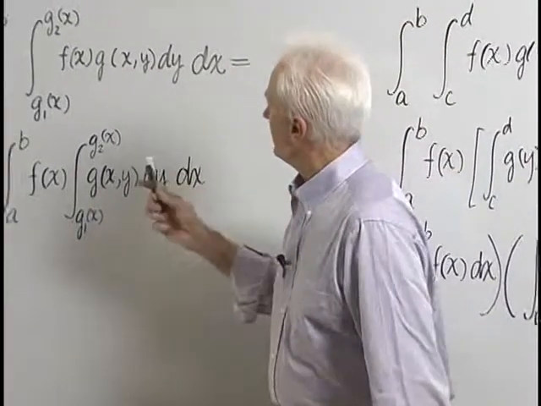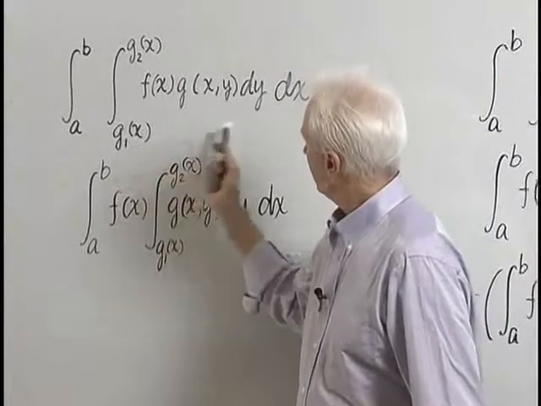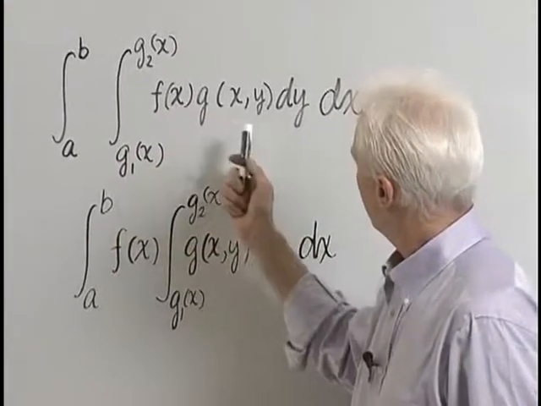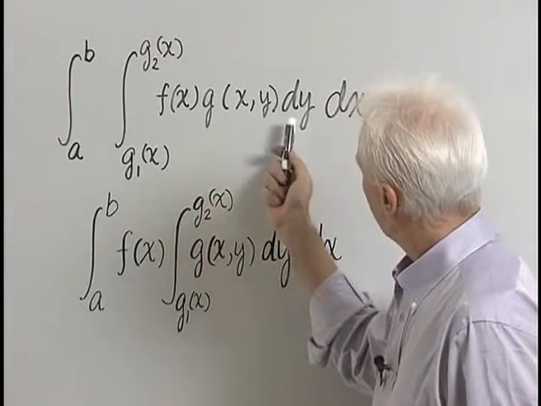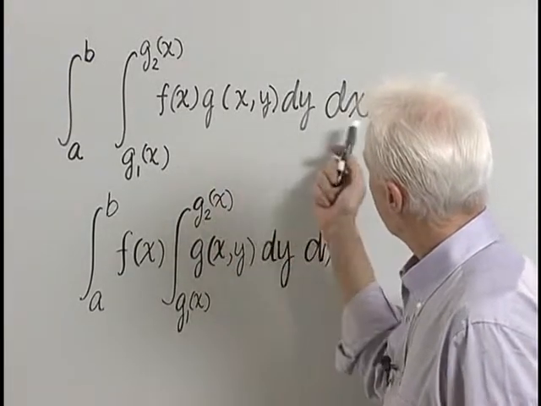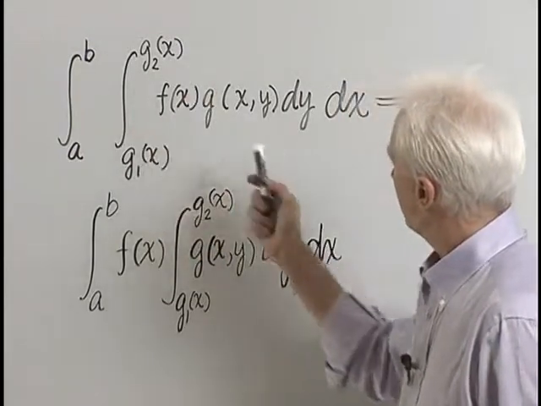For instance, suppose I have an iterated integral, and of course my limits on the inner integral will be functions of the variable that's integrated last. In this case, I'm integrating against y first and x last, and so my y limits of integration are functions of x.